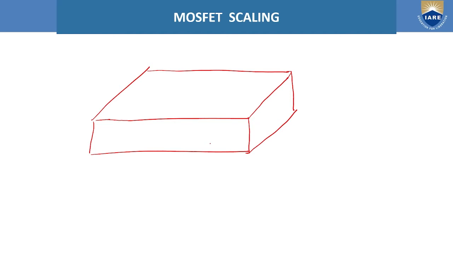This is the substrate, and for an N MOSFET we use a P substrate. This is a gate which is made of polysilicon. Polysilicon exhibits metallic properties.